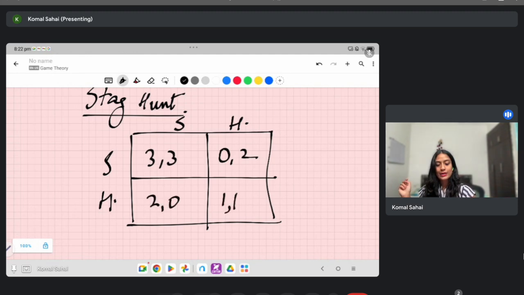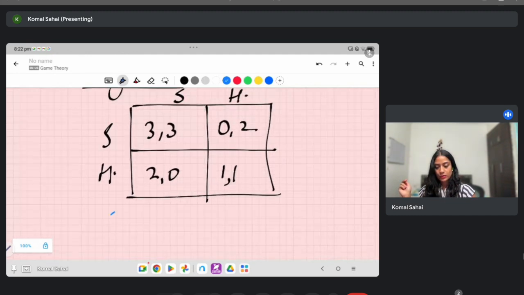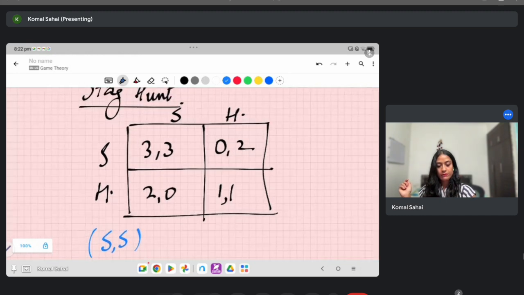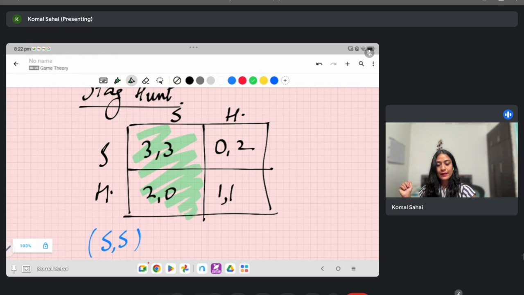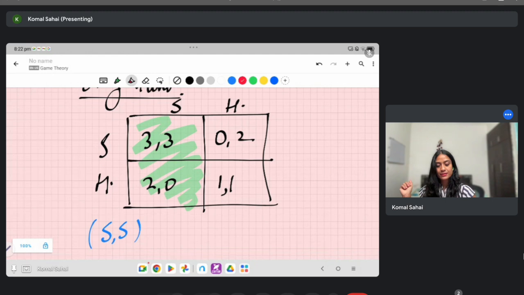And in this case, let's check every outcome, right? Suppose we want to check S comma S. We will see that from the perspective of player 1, if the other player is going with S, then sticking with the strategy specified here gives 3 and deviation gives only 2. And so player 1 is not going to deviate.